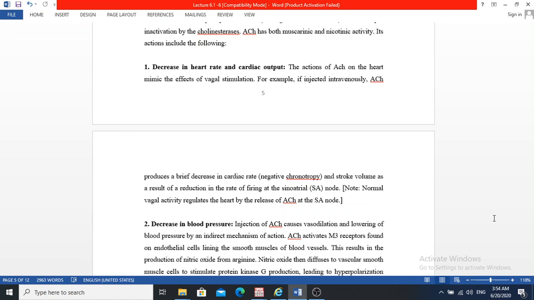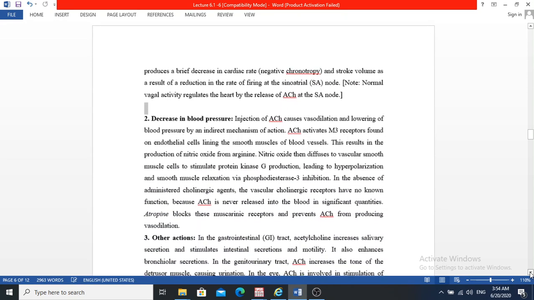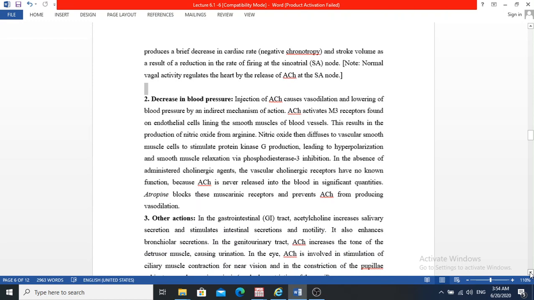Number two, decreased blood pressure. Acetylcholine causes vasodilatation and lowering of blood pressure by an indirect mechanism of action.